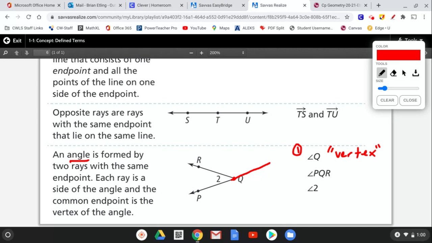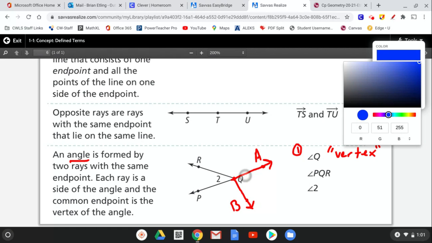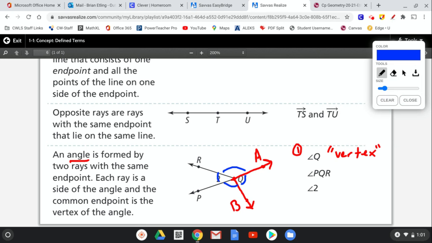If I extend that line and then I extend it down here and I put A and B over here, so we have a bunch of different rays. Now if I say angle Q, I could be talking about any of these angles. There are 4 different angles there. I could be talking about any one of them.